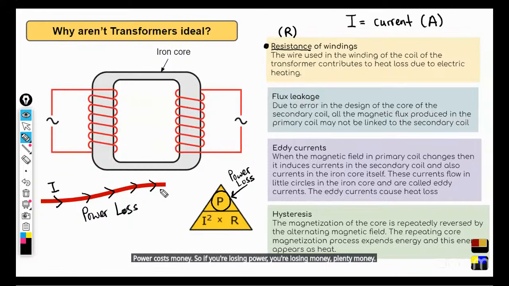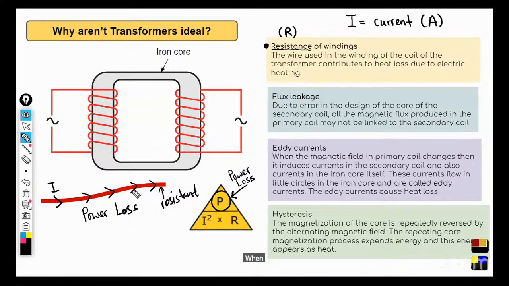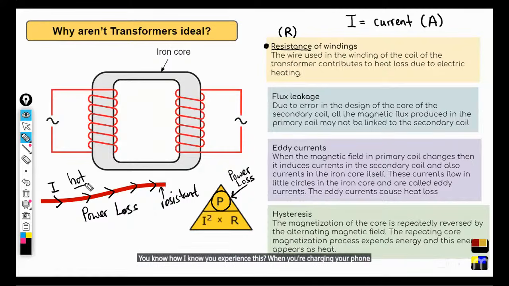You see, a piece of wire has a resistance. Remember, I told you everything has what? Resistance. When current flows through wire, you notice the wire does get hot. You know how I know you experienced this? When you're charging your phone, your charger is made up of wires.